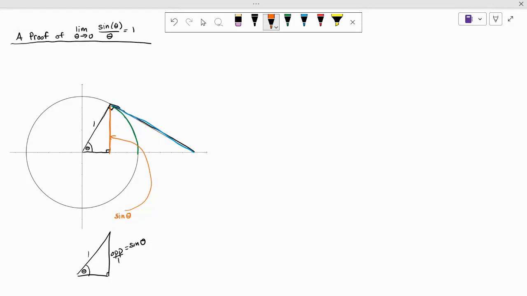Does anybody know, in a circle, if this is theta and we have a radius r, the expression for the length of this part of the circumference?